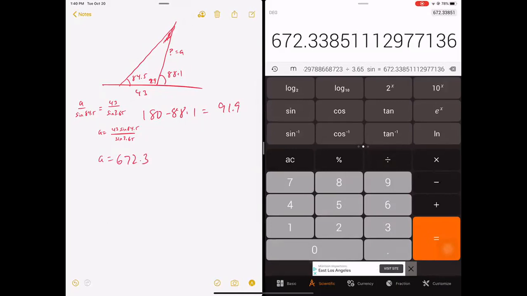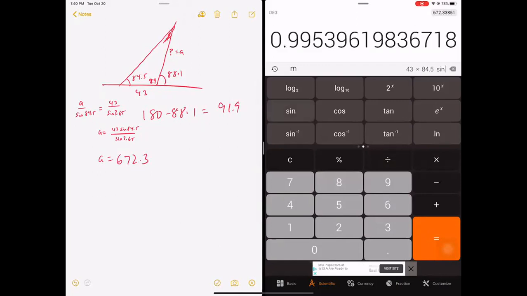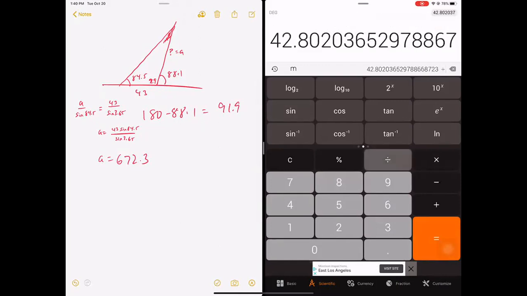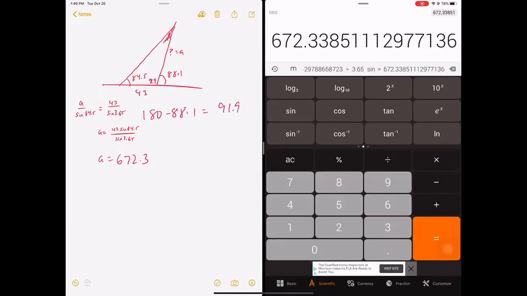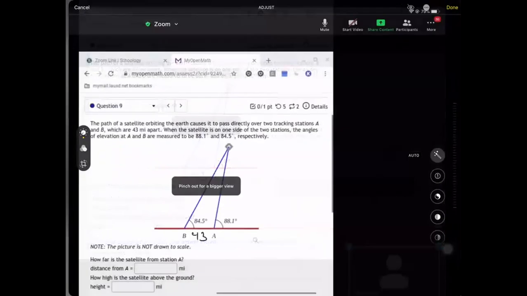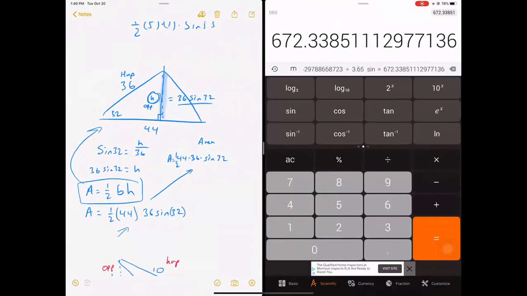Let's try this one more time. 43 times sine 84.5 divided by sine 3.65. Yeah, so it's 672 miles apart.